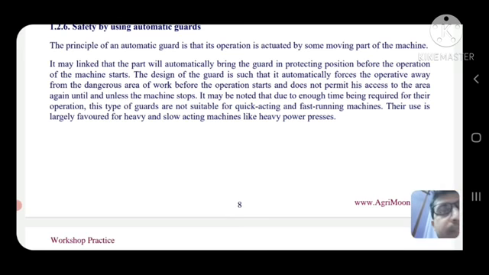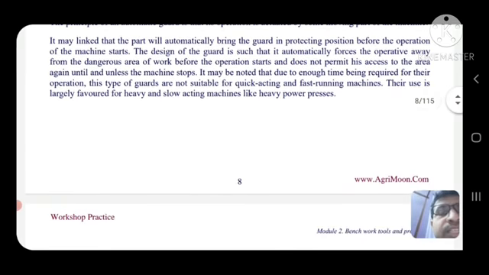The design of the guard is such that it automatically forces the operative away from the dangerous area of work before the operation starts and does not permit him to come to the area again until and unless the machine stops.